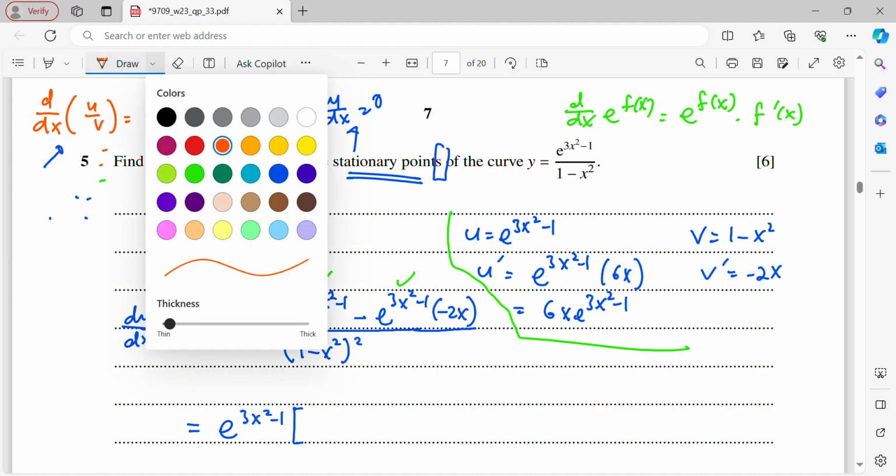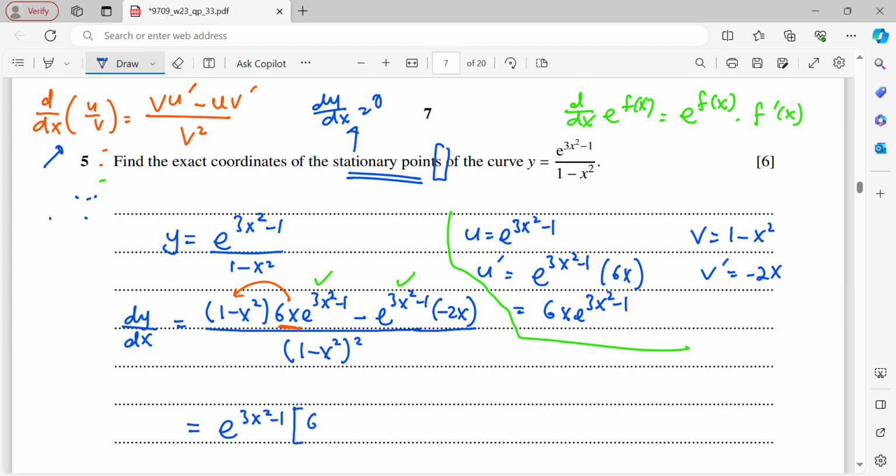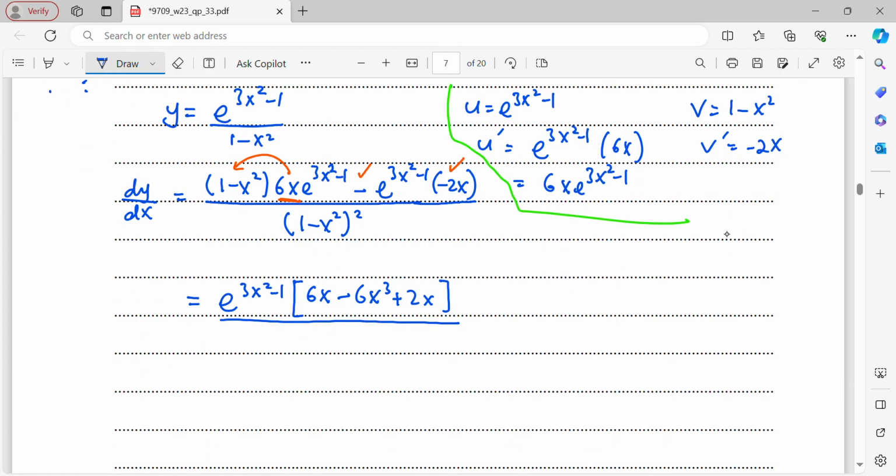So here I will be getting 6x times 1 is 6x, then minus 6x times x squared, so 6x cubed. Okay, and for the next one, here is minus, here is minus 2x. Therefore, it will be positive 2x. Right, then I will be getting plus 2x. And then over the square. This is our dy over dx.